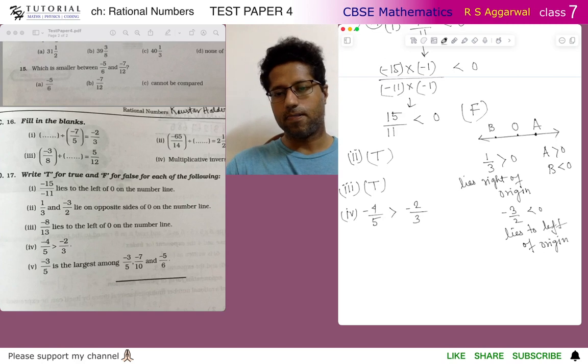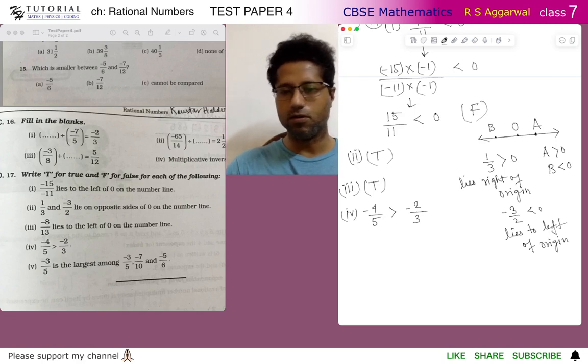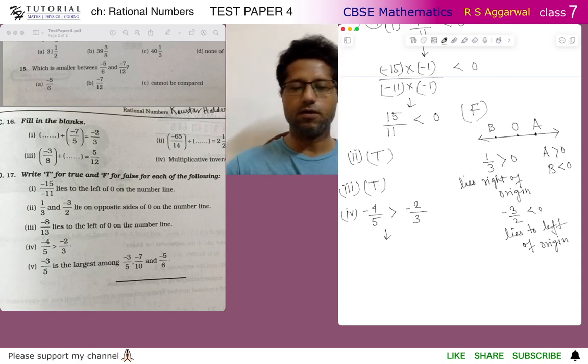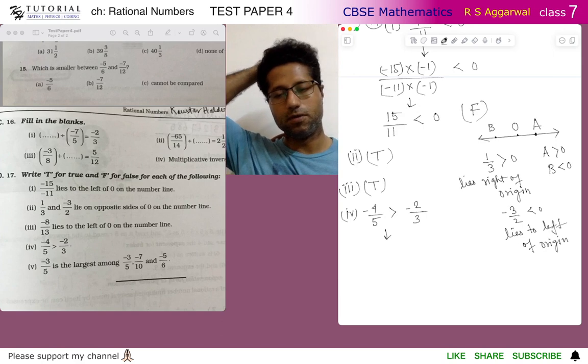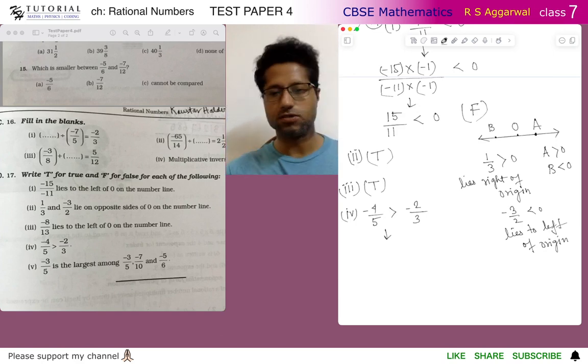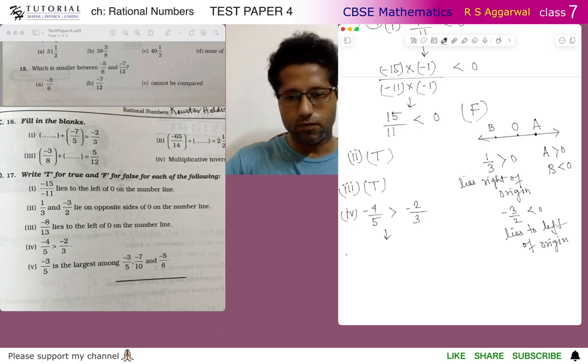We see that they have different denominators, 5 and 3. We will first convert them to their equivalent form so that they have a common denominator, the LCM of 5 and 3, which is 15. So we will convert minus 4 by 5 to its equivalent form so that the denominator is 15, and also minus 2 by 3.